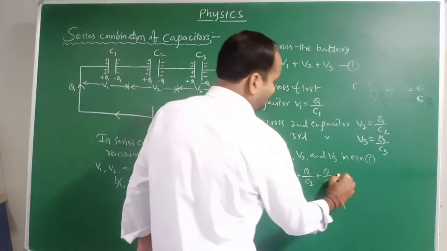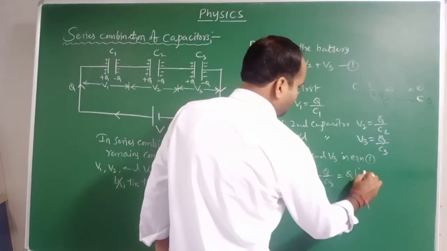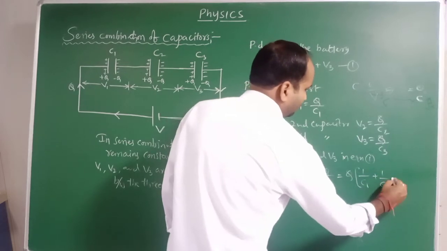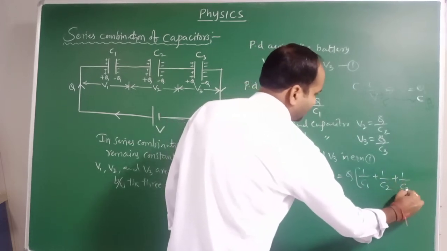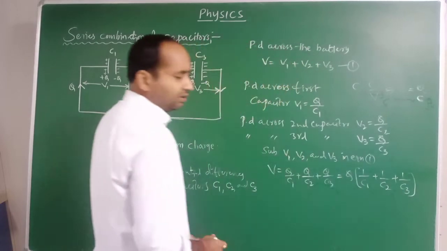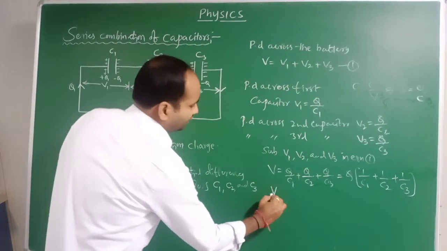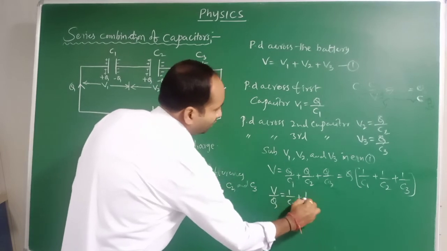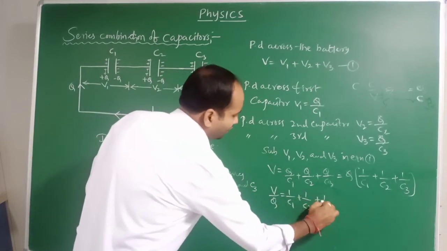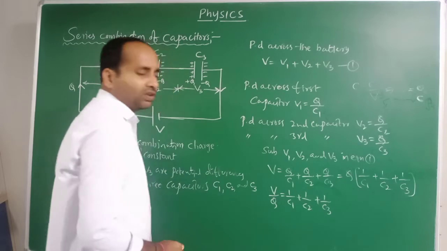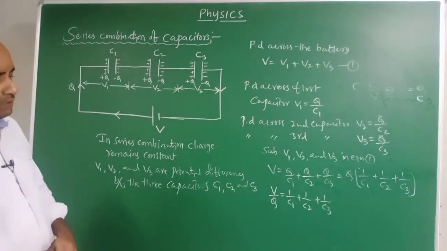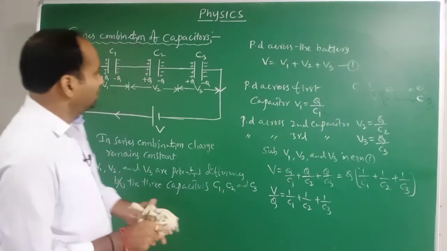Now Q is common, so this is equal to 1 by C1 plus 1 by C2 plus 1 by C3. Therefore, we may write V by Q is equal to 1 by C1 plus 1 by C2 plus 1 by C3.